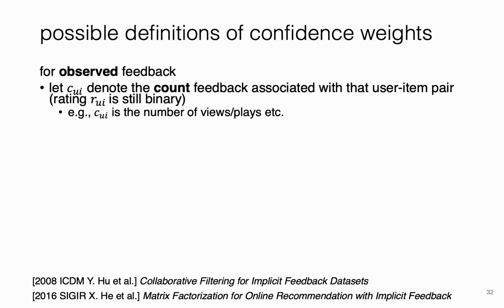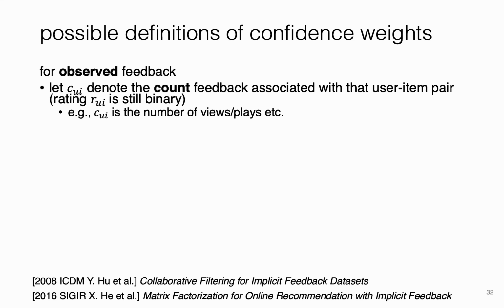But here are some possible definitions of confidence weights that we encounter in literature. First, for observed feedback, let's assume we have non-binary feedback like counts, for example, the number of views of an item. This is captured by the variable CUI and concerns rating RUI.